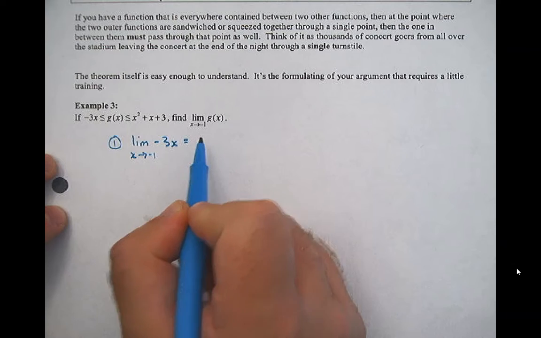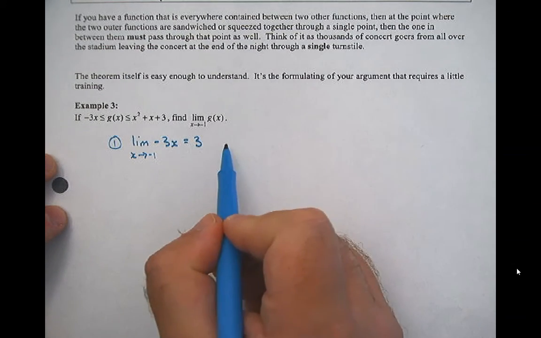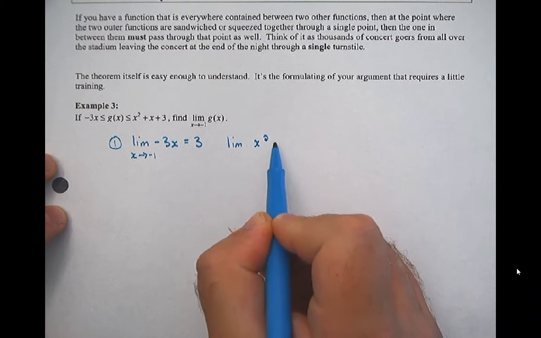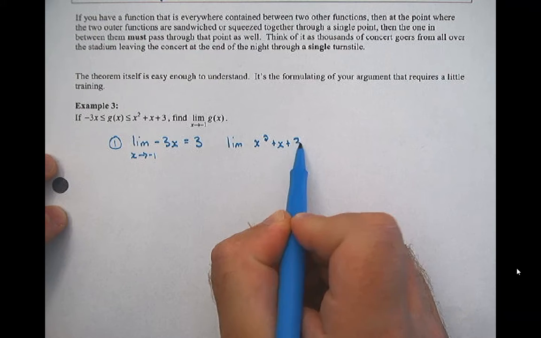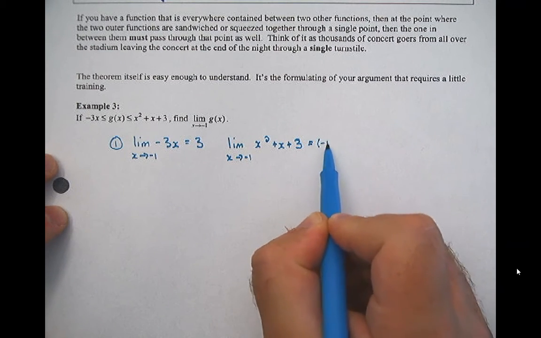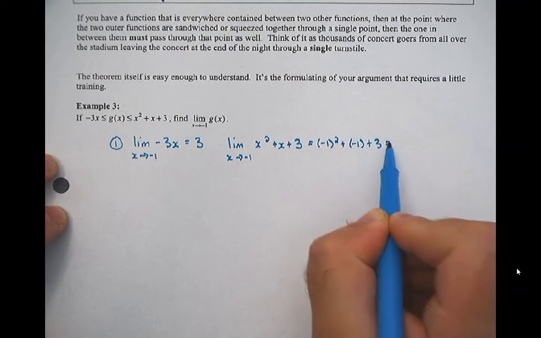Plug in negative 1, we find that that limit is 3. Now I'm going to find the limit of the other function as x approaches negative 1. That would be negative 1 squared plus negative 1 plus 3, which ends up being 3.